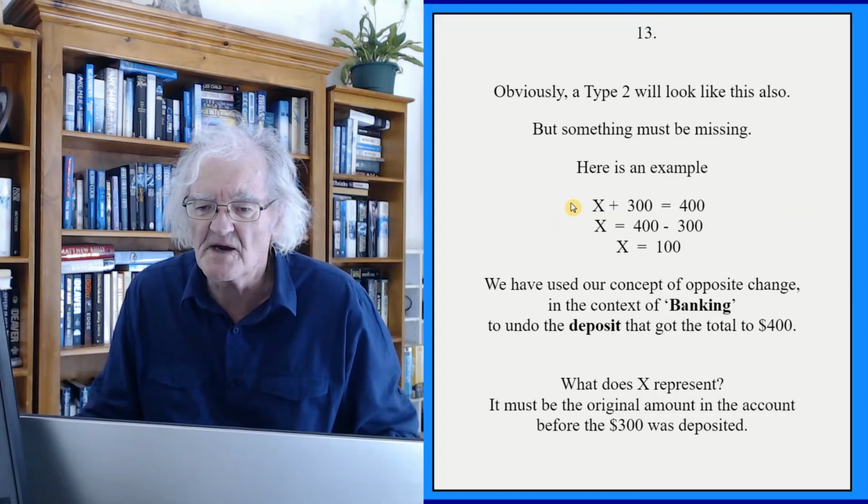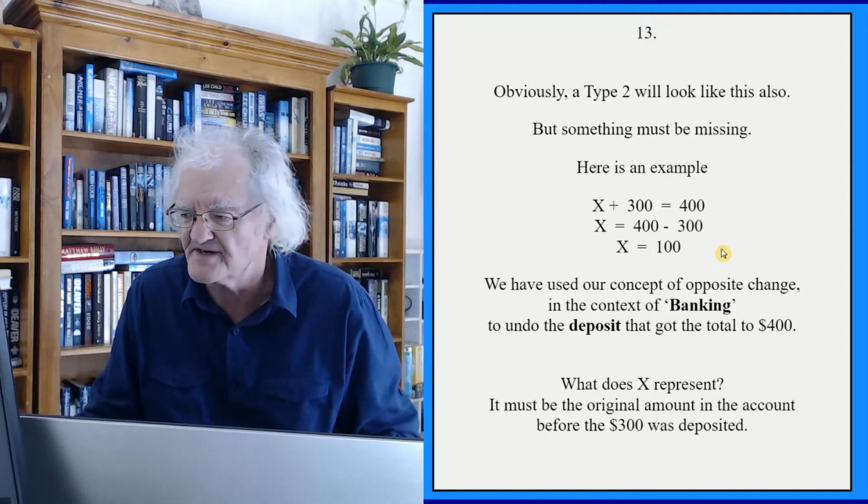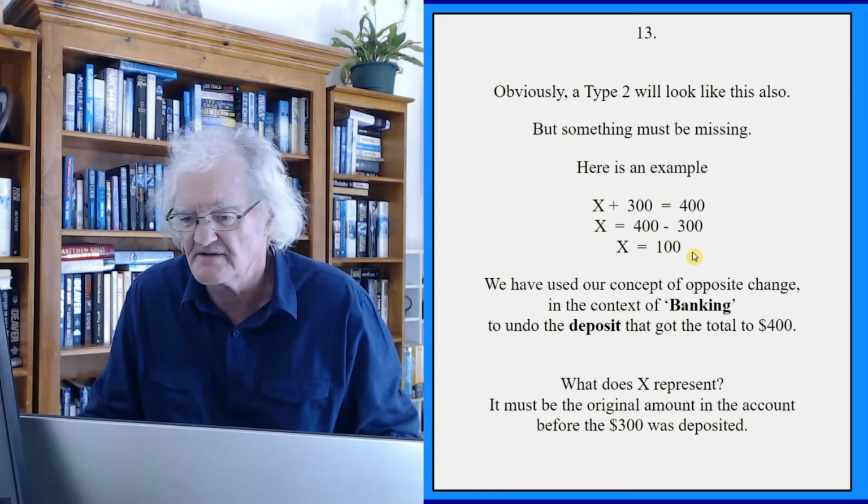So with this equation, we want to know the missing value represented by the X. We shift what's with it to the other side of the equal sign and reverse its processing. So we calculate that X is 100. So the original amount before a $300 deposit, which led to $400, must have been $100.